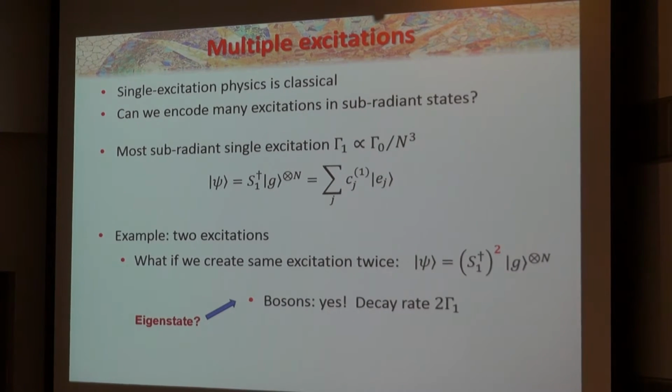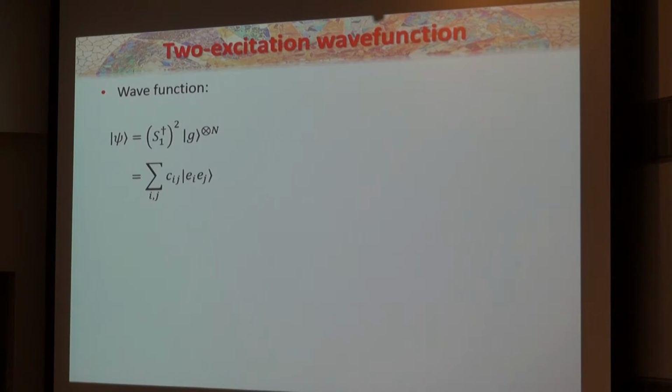If it was not a spin, if it was a boson, the answer would certainly be yes. You have a quadratic Hamiltonian, and the decay rate for 2 excitations would just be twice that of a single one. But because we have spins, the answer is no, and it's not just a little bit no, it's very much no. To see that, let's plot what the 2 excitation wave function looks like.